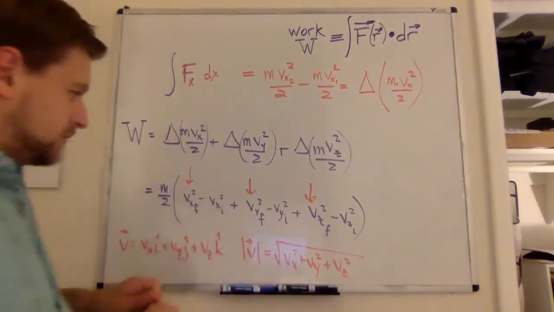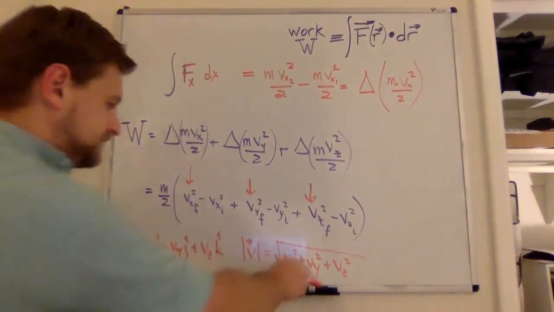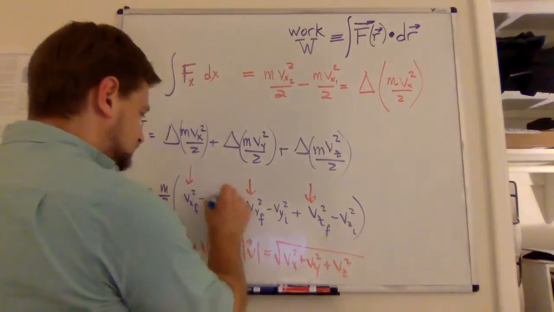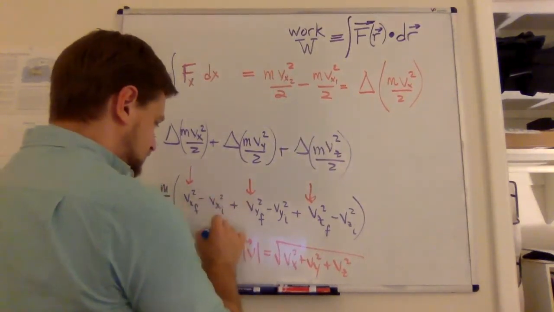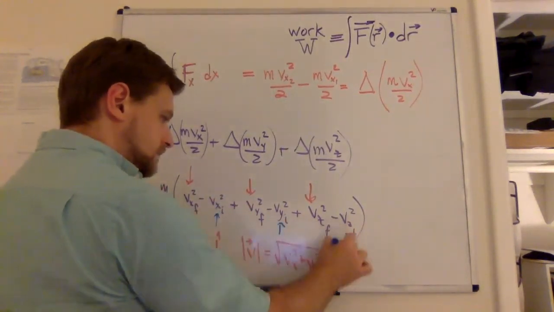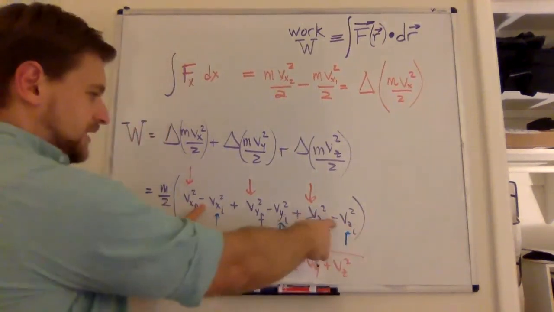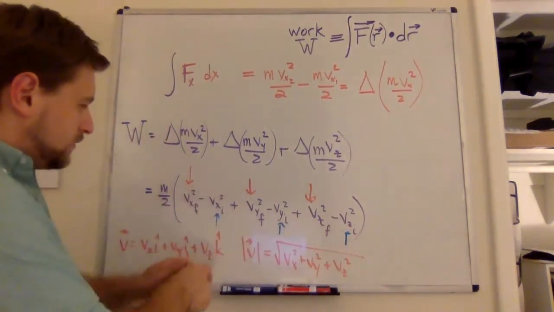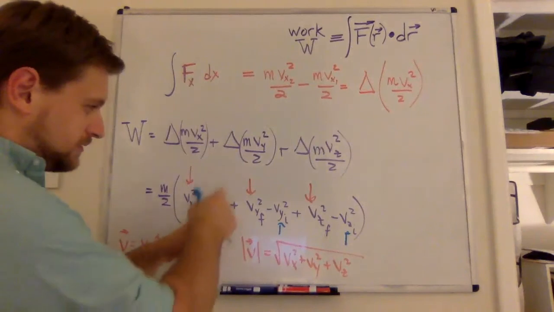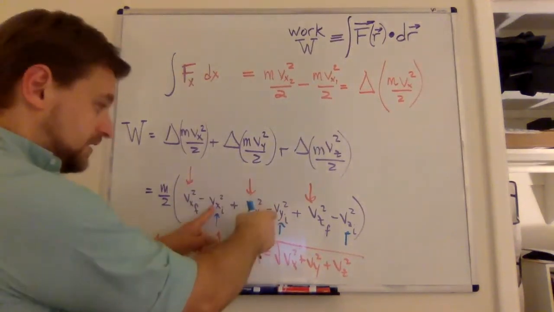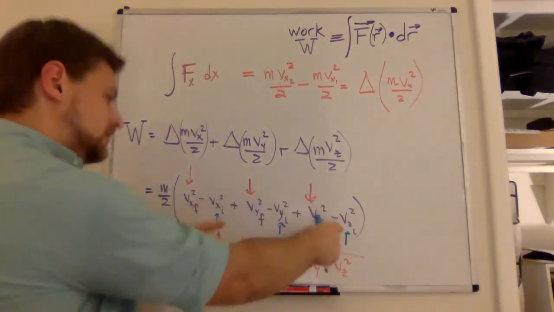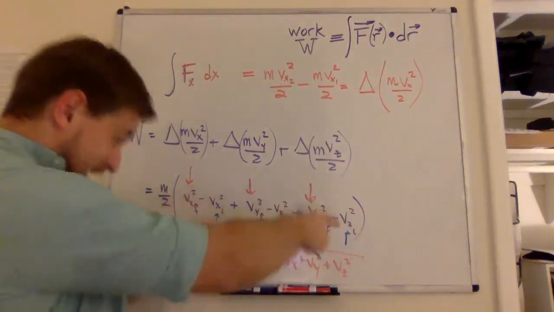And oh, wait, these three are the same thing, but with a minus sign. So if we factor out the minus sign, we end up with vx squared plus vy squared plus vz squared initial.